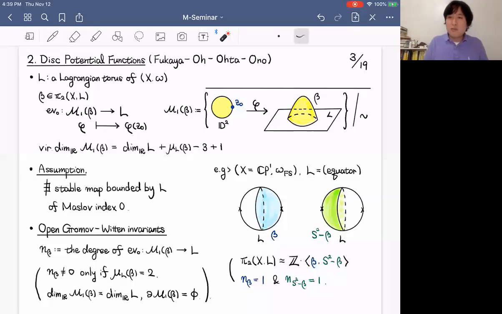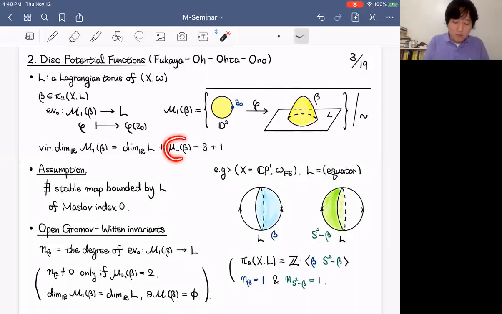The dimension of the moduli space is determined by topological data, for instance the dimension of L, the Maslov index, the automorphism group, and the number of markings. You can think of it as the open version of the Gromov-Witten number. If you have holomorphic spheres, the moduli space of rational curves or rational maps, you consider the Gromov-Witten number as an invariant.